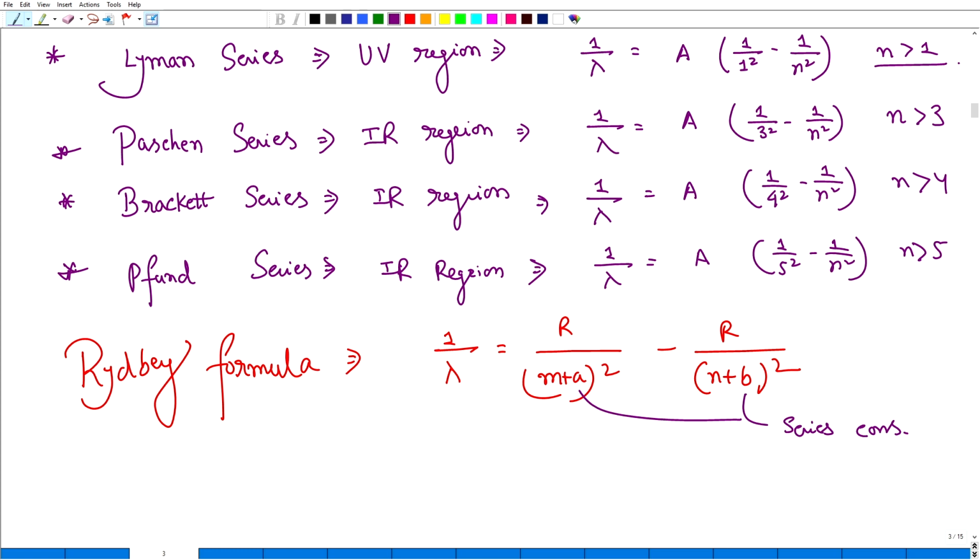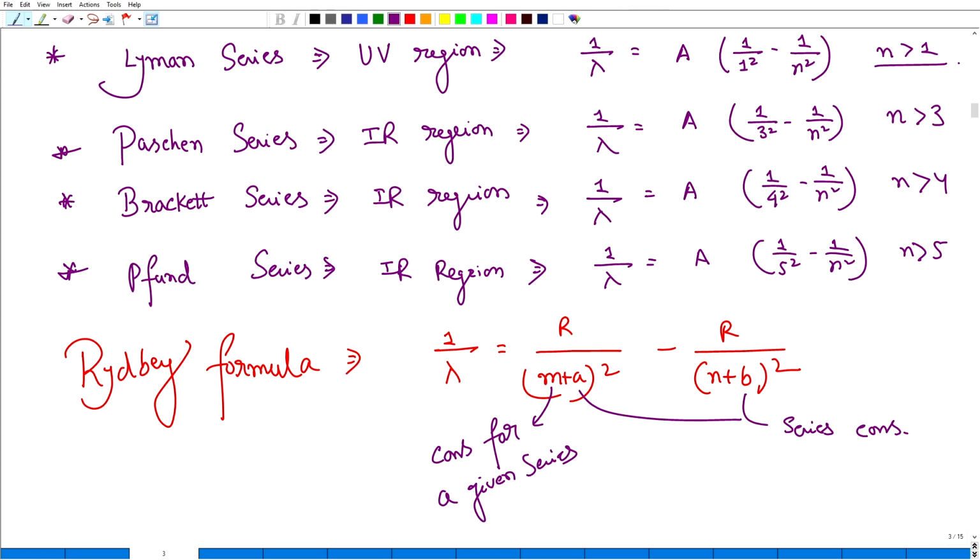And what are M and N? M is a whole number which is constant for a given series, and N is the varying part. N is a whole number which takes different values, indicating the different lines in the series. So this is the generalization.